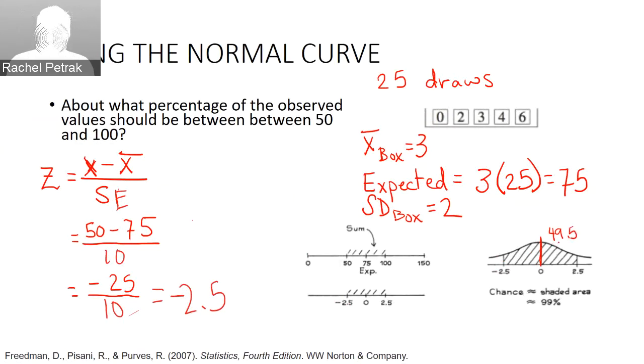And that's 49.5% for this side, because that's the mean to Z area, and 49.5% on the other side, for a total of 99%.